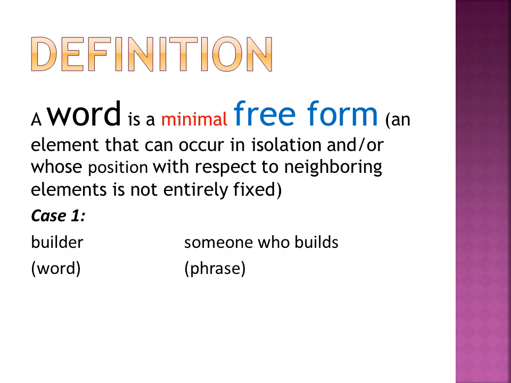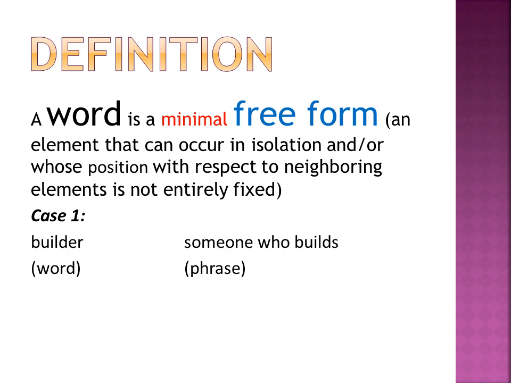Like book, or I have one word here, builder. Builder here consists of two morphemes, or comes from the word build, and build here belongs to word, that is free form.